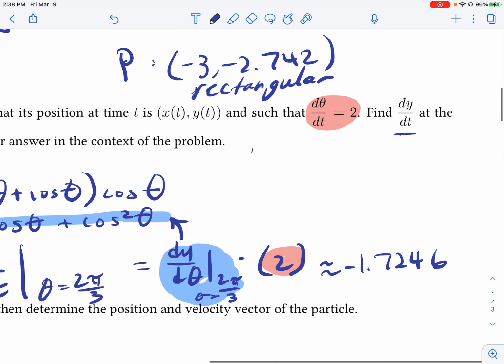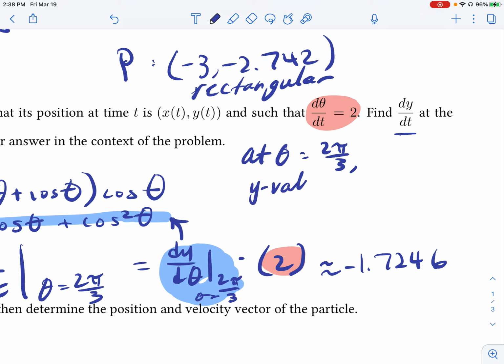What we're saying is that when theta is equal to 2 pi over 3 radians, we see that the y value of our particle is decreasing because it's negative.